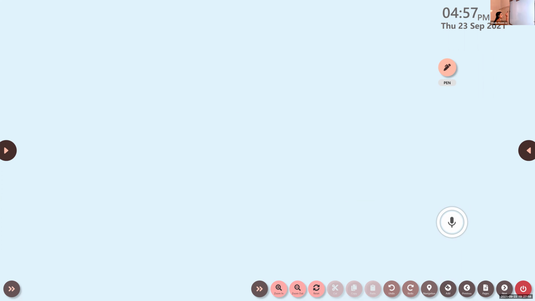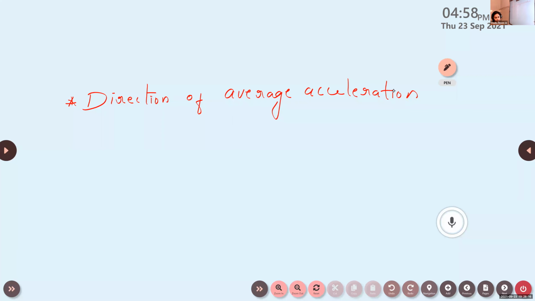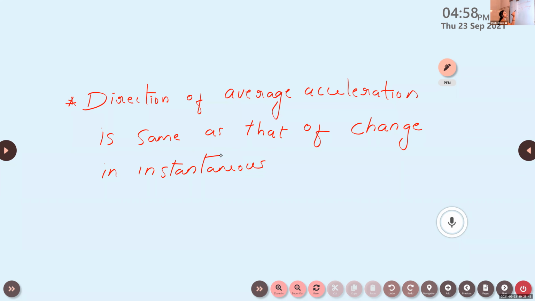The direction of average acceleration is the same as that of the change in instantaneous velocity.